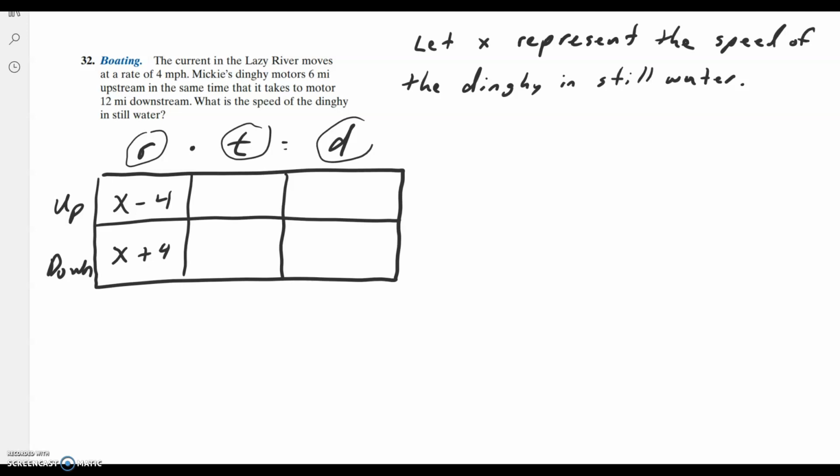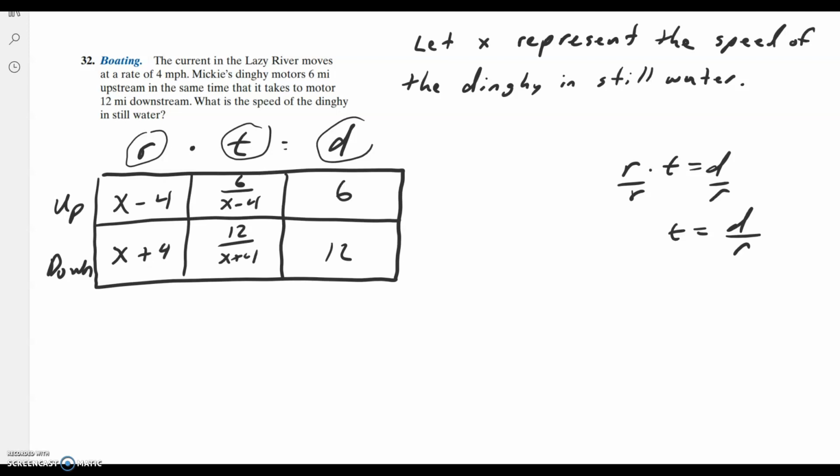So what distances are we going? Well, it's 6 miles upstream and it's 12 miles downstream. Now if rate times time equals distance, then we can solve for time by dividing both sides by rate. And so the time is the distance divided by the rate. And so we can put distance, 6 divided by rate, and distance, 12 divided by rate.